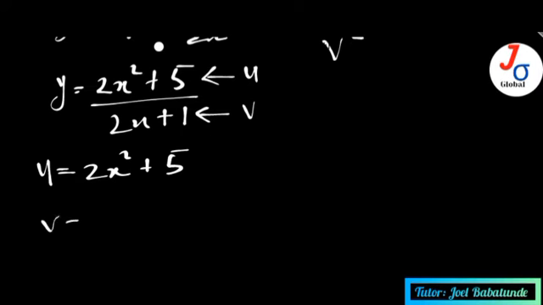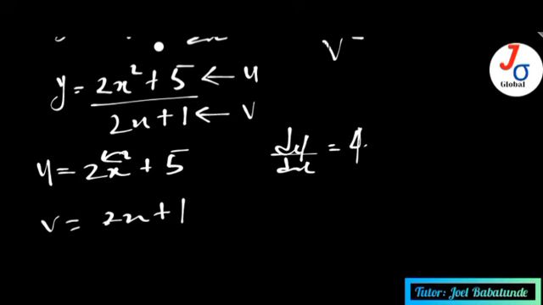Then our v is 2x plus 1. And so what's my du/dx? My du/dx is 2 multiplied by 2, what I have is 4x. 2 minus 1 is 1, so that's gone. 5 is 0, so that's gone.